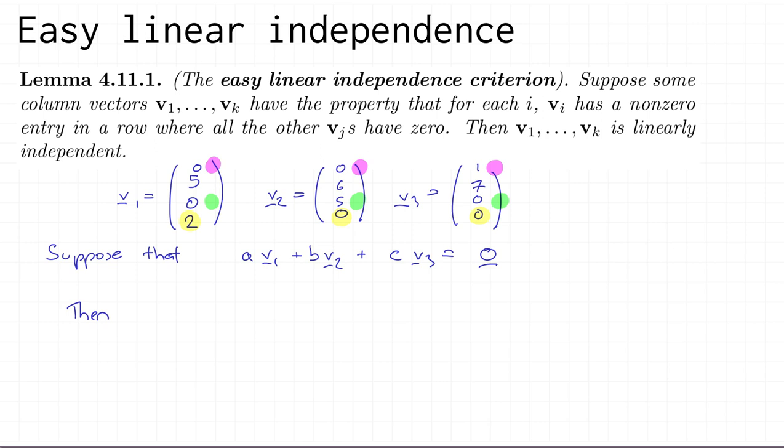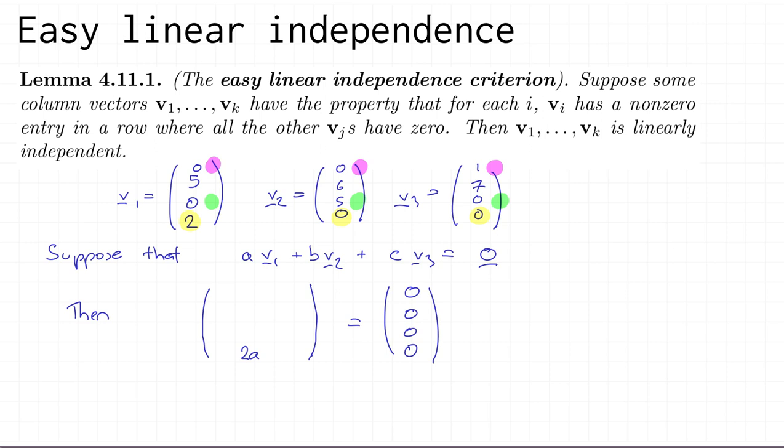Then, shall we work it out? On the right hand side I've got 0, 0, 0, 0. What do I have on the left? I'm actually only going to think about some of the entries on the left. Look at the yellow entry, the bottom entry of those vectors. I will have 2a here, and then I'll get b times 0 and c times 0. So I just get 2a in the bottom here.